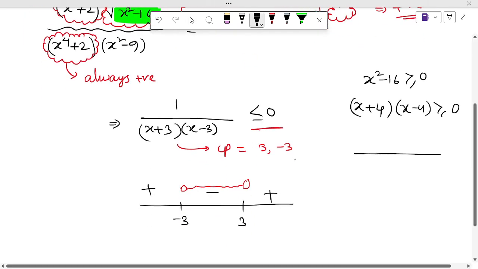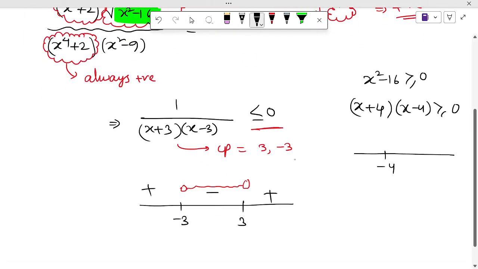Let's plot on the number line: minus 4, 4, positive, negative, positive. So the solution is minus infinity to minus 4 and 4 to infinity.